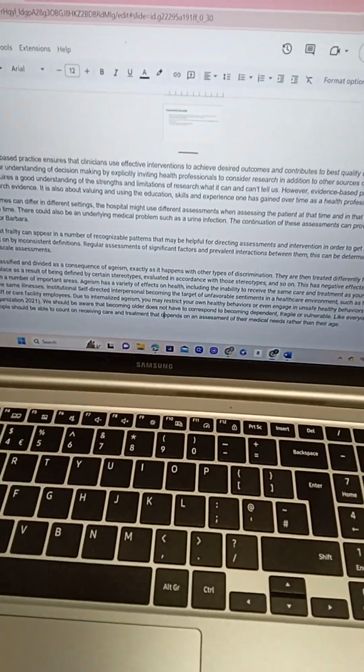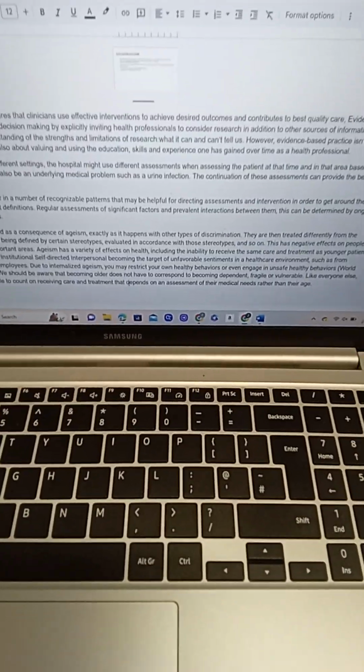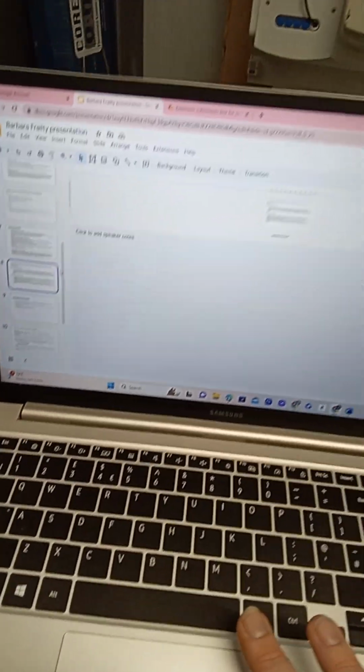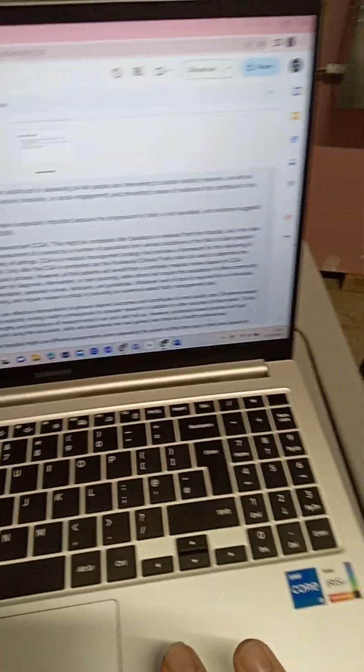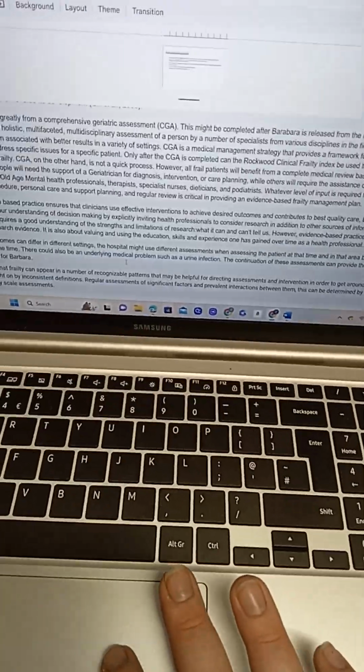This can be where they are treated differently from the rest of the population as a result of being elderly. And we don't want this to have an effect on her care at all. So making sure her care is fair and to her needs throughout means that we are giving her the best care that we can give her.